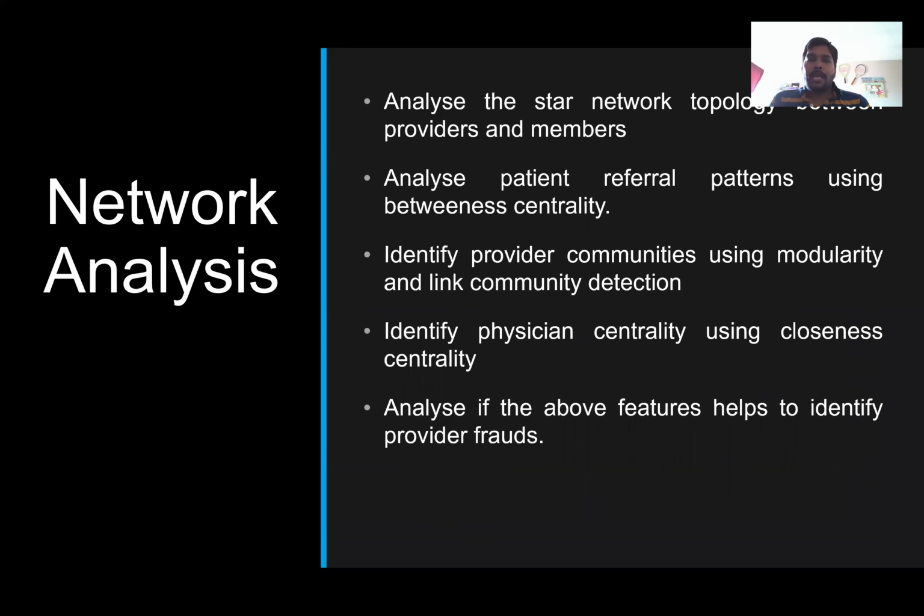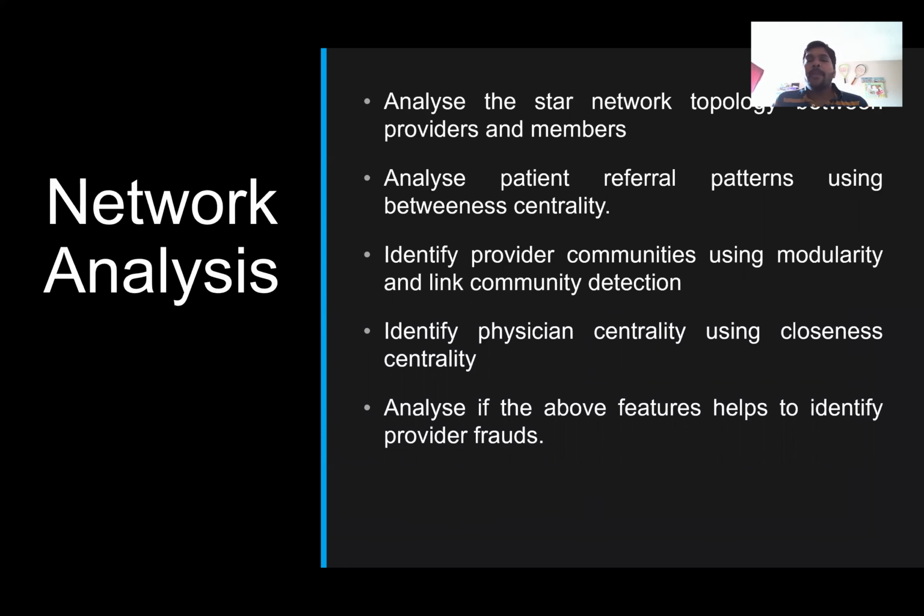The network analysis done on the final GEXF file is this. Basically, I analyzed the star network topology between providers and members. Because more members tend to have few providers, I ended up with a star topology model between providers and members.